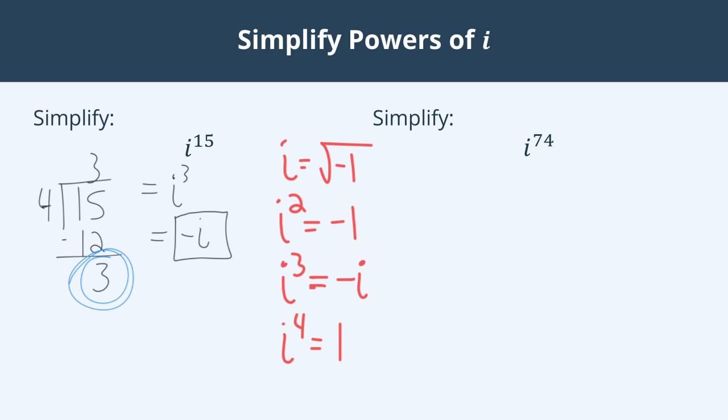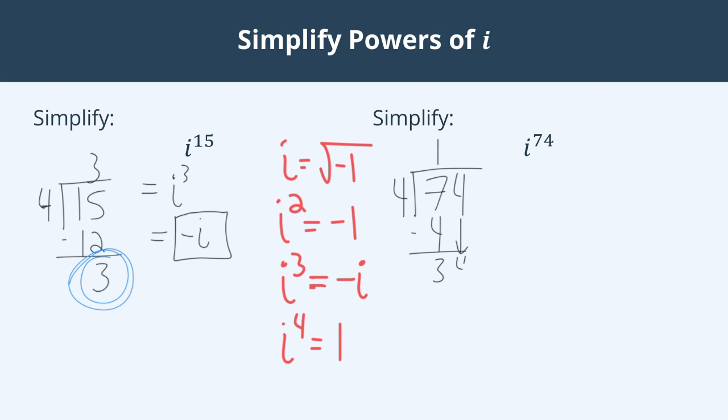Okay, let's take a look at this other one, see if it starts to click for you. My exponent this time is 74. I'm still going to divide by 4. 4 goes into 7 one time. 1 times 4 is 4. I subtract and I get 3.